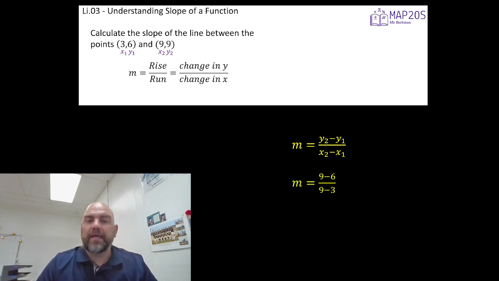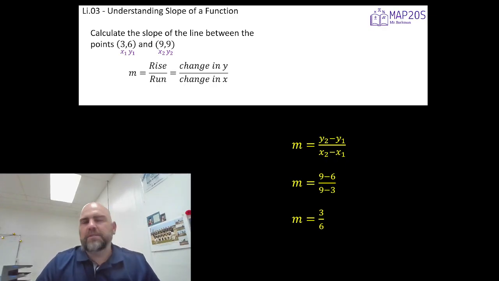You'll notice that y2 is 9, that's our second y value, and y1 is 6, so 9 minus 6. And then we have x2, which is 9, and x1, which is 3, so 9 minus 3, which is 6. So we're going to have a slope of 3 over 6.